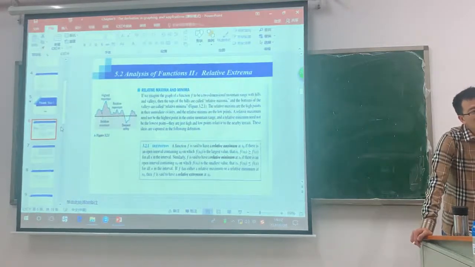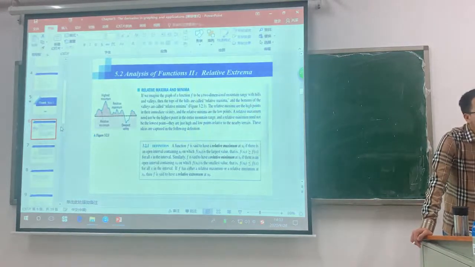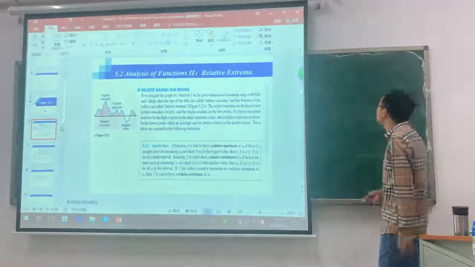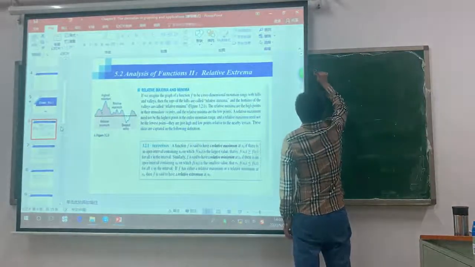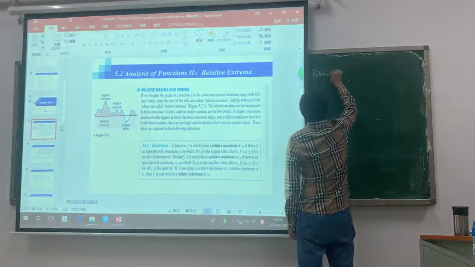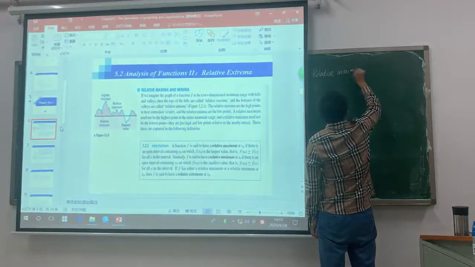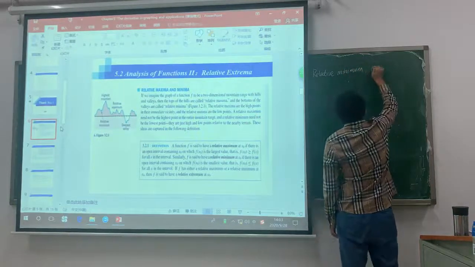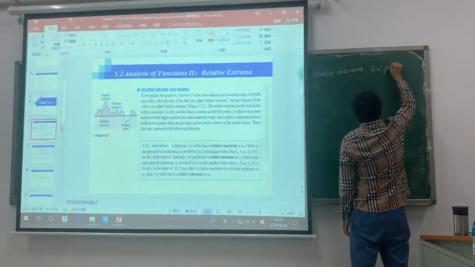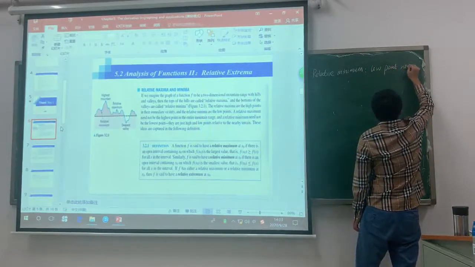First is the relative minimum and relative maximum. So what's the definition of relative minimum? Relative minimum means the height of all points nearby, the low points nearby.